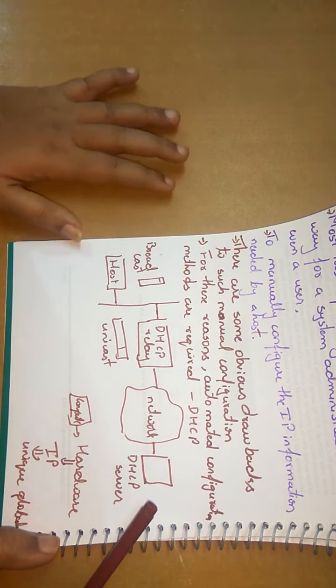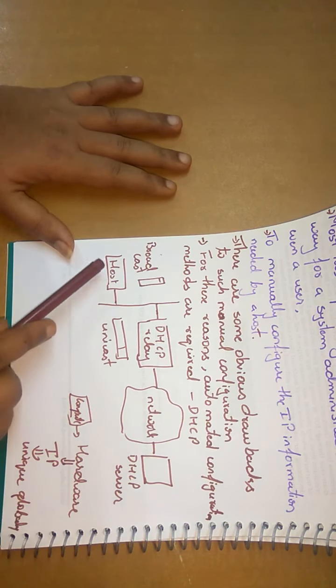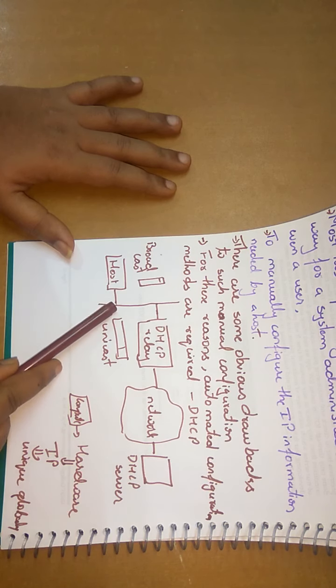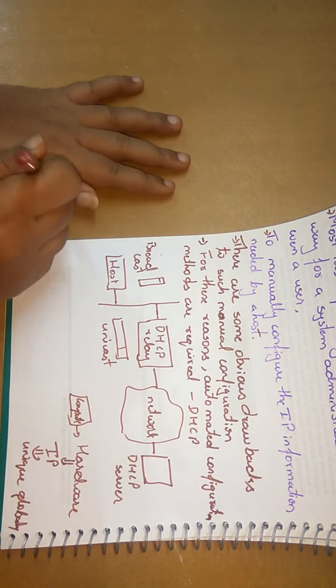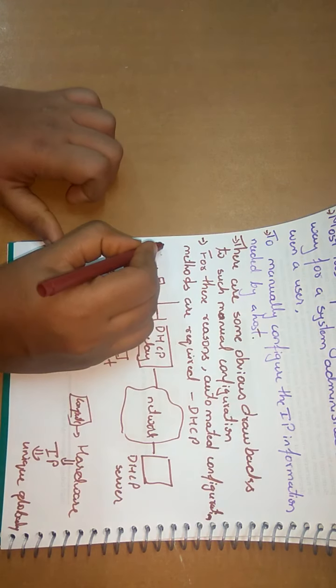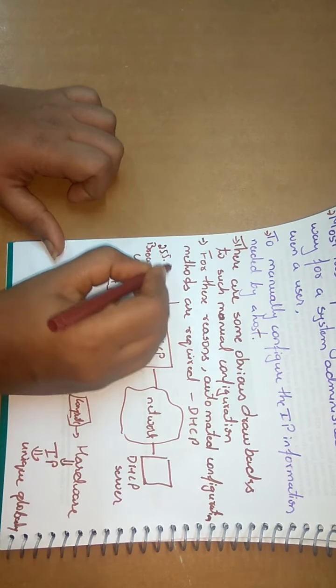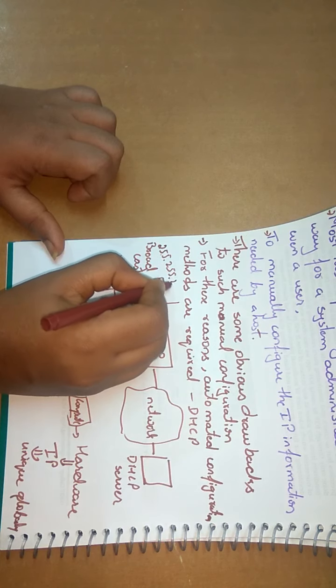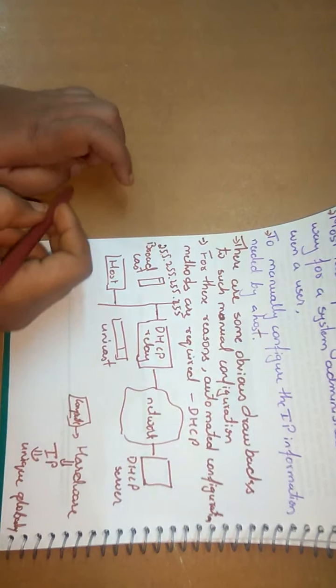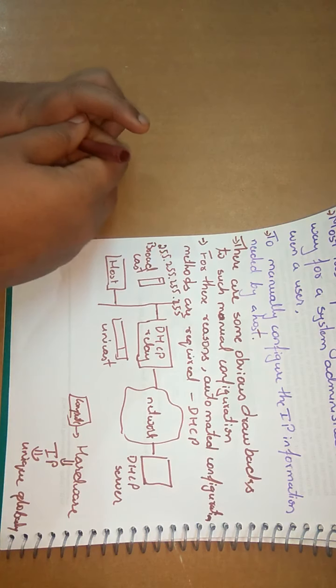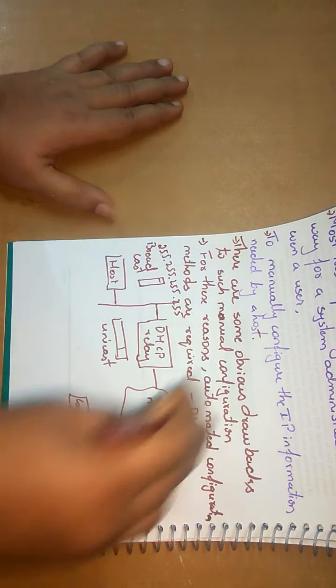So how does it work? First, when the host connects to the network, it will broadcast to one IP address, 255.255.255.255. It is a broadcast address.